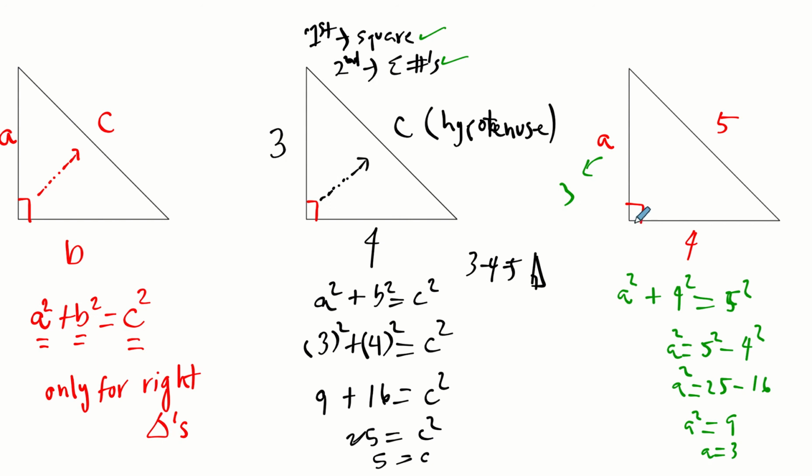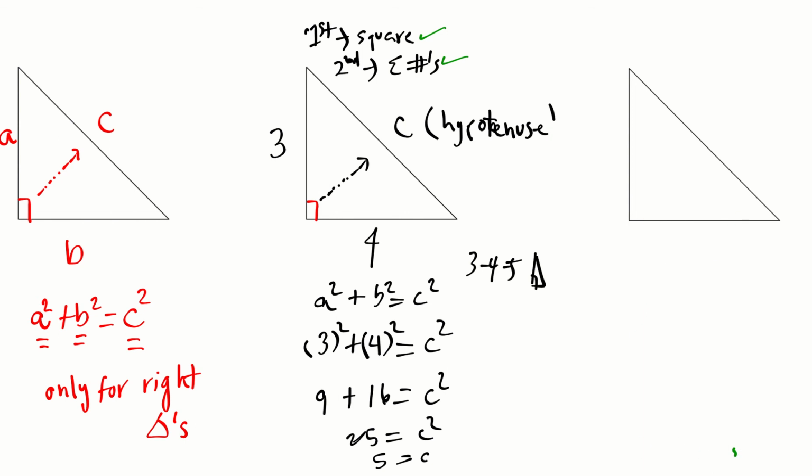Okay? But what if the other side was missing? Let's try solving for not the vertical one, but the horizontal one. So here we're going to call this length 3. We don't know this one. Let's call this B. Here's our right angle. Opposite of that right angle is a hypotenuse that has length 5.